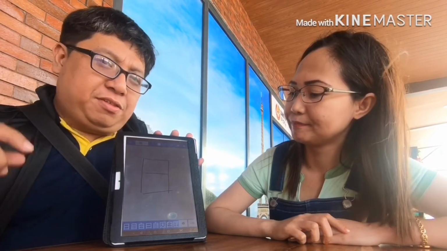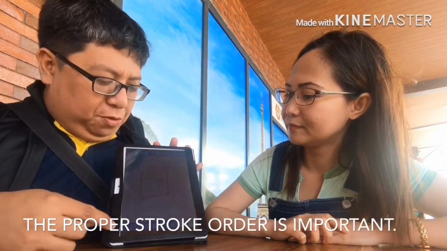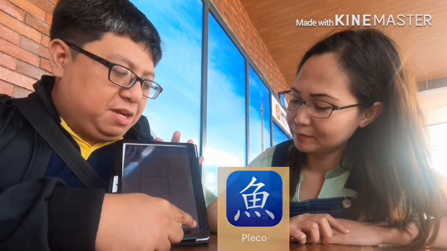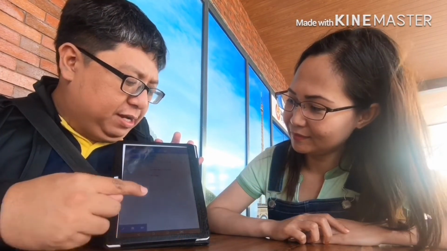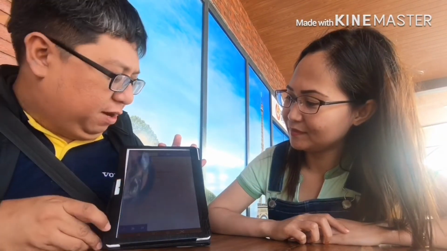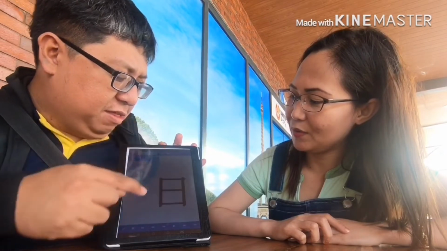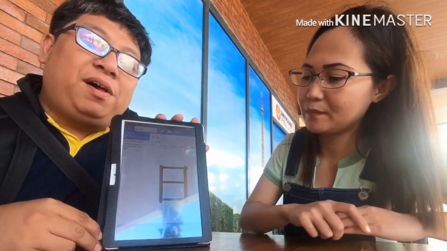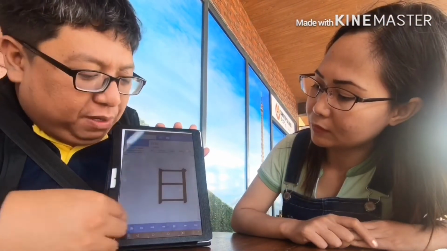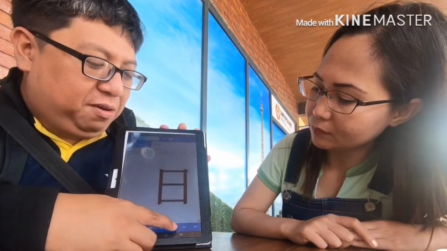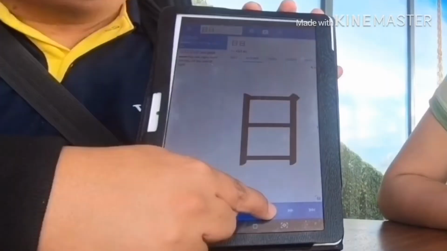Yeah, I got it. Alright, another important thing about kanji or Chinese characters is the proper stroke order. So in this app, called Pleco, it shows you the correct stroke order of a word. For example, there's a character, and if you press play, it will show you how the character is drawn or written.